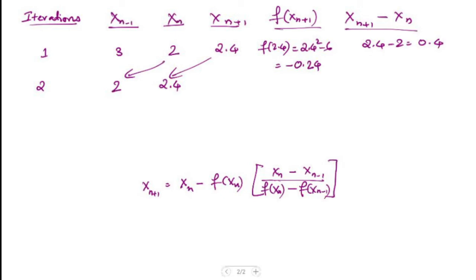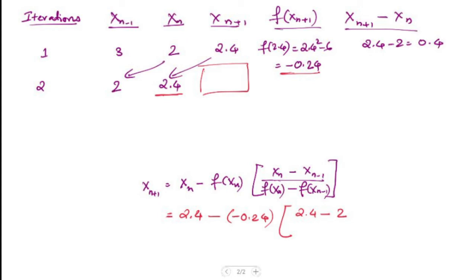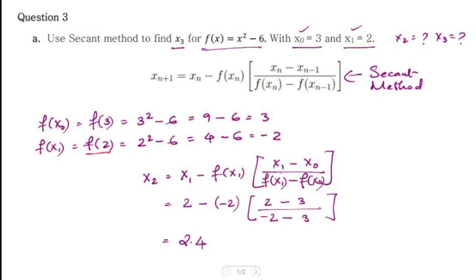Looking at our table, our xn is 2.4, minus f of xn, that means f of 2.4 which we just found, minus 0.24, times xn, which is 2.4, minus xn minus 1, which is 2, divided by f of 2.4, which is minus 0.24, minus f of xn minus 1, which is f of 2, which we found before as minus 2.